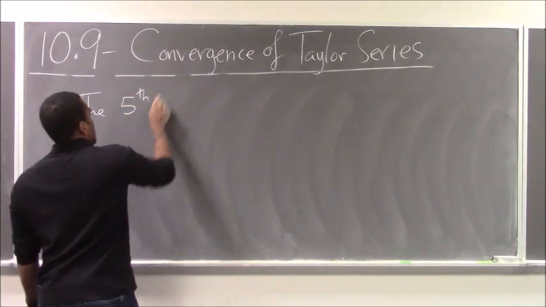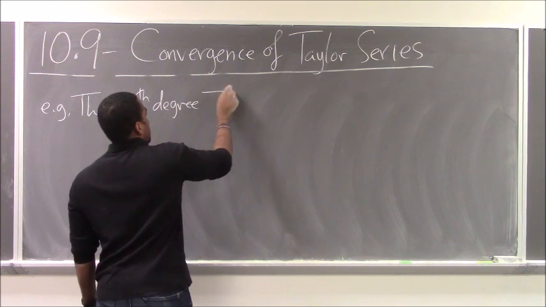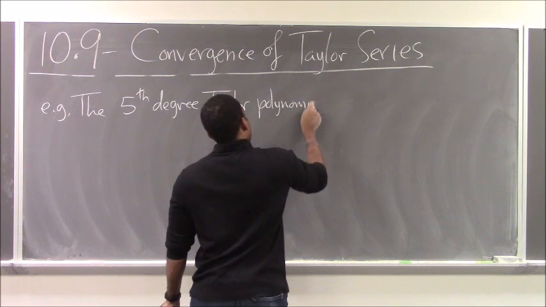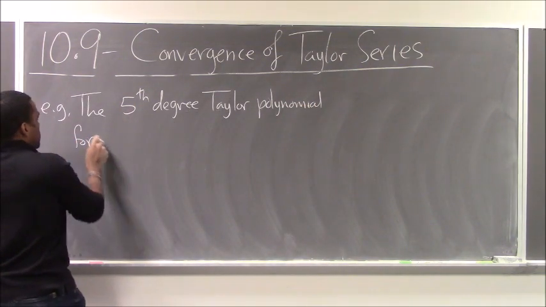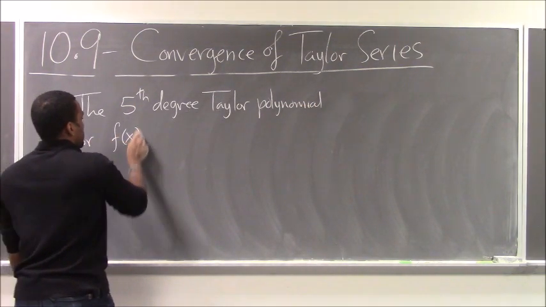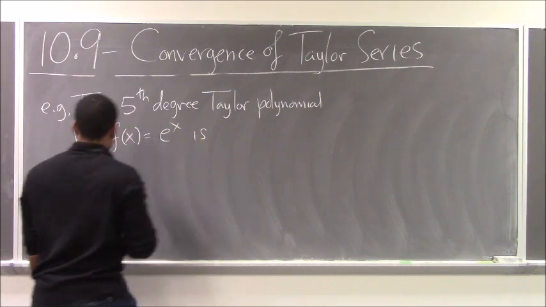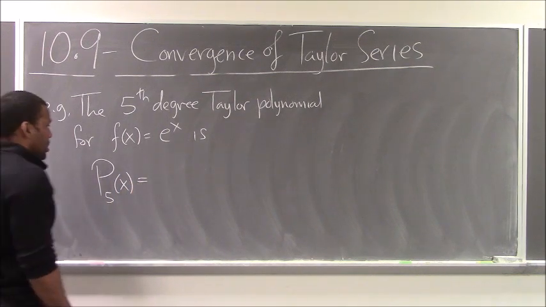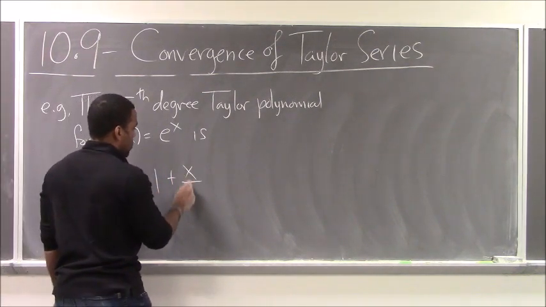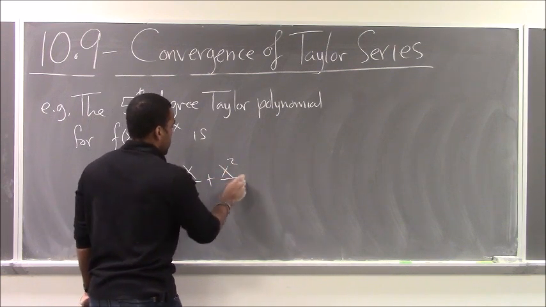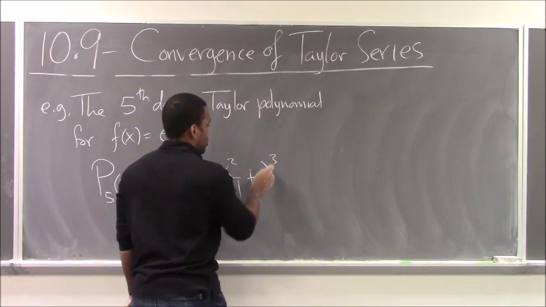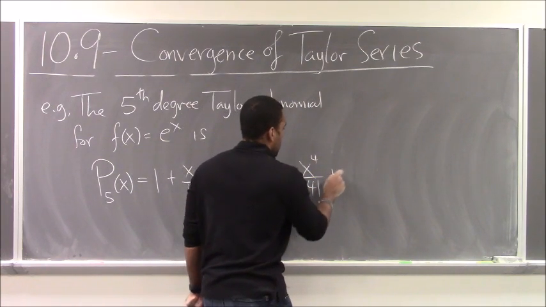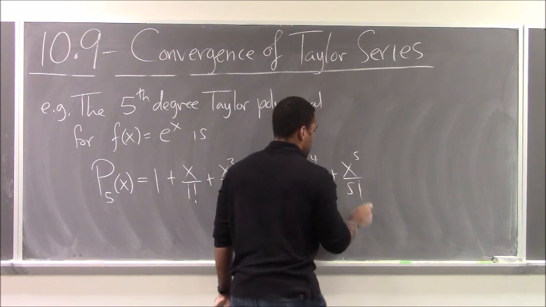So for example, the 5th degree Taylor polynomial for f of x equals e to the x is, well, p sub 5. And so that's just going to be 1 plus x over 1 factorial plus x squared over 2 factorial plus x cubed over 3 factorial plus x to the 4 over 4 factorial plus x to the 5 over 5 factorial.